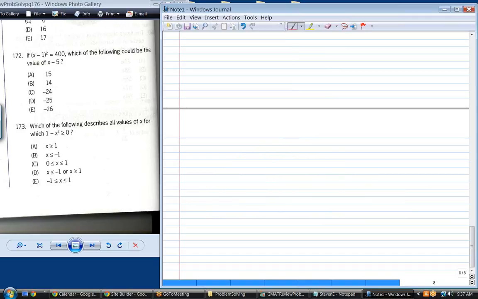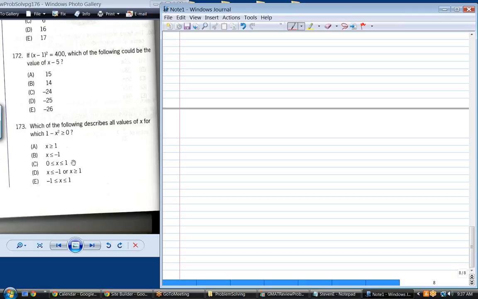Right. Same thing for B, because a number less than -1 is like -2, -1.1. When you square it, it turns positive and gets bigger, which is going to make 1 minus that number still negative.